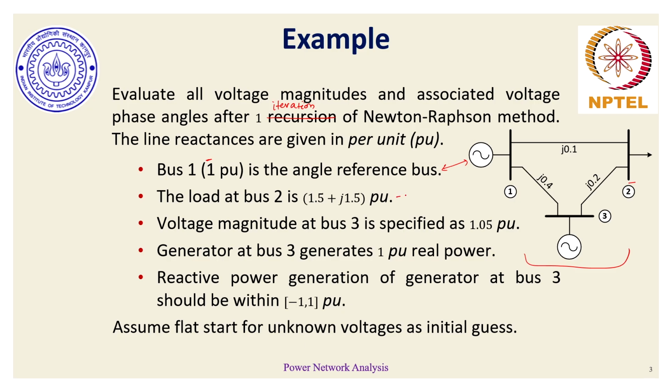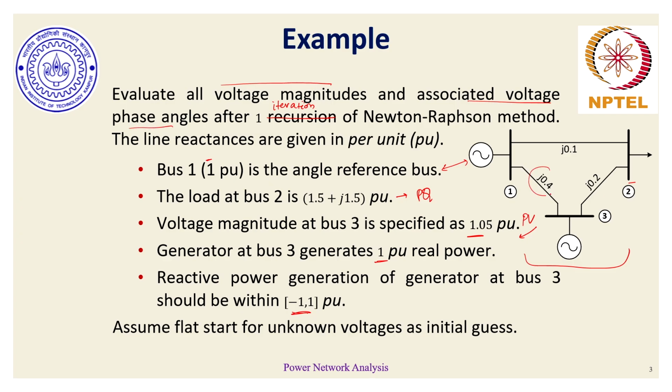Bus 2 is a PQ bus or a load bus, whereas bus 3 is a PV bus with voltage magnitude of 1.05, PG as 1 pu, and reactive generation should be within -1 and 1 pu. We will see how Newton Raphson technique works for one iteration of solving the corresponding voltage phasors in polar coordinates, that means the voltage magnitudes and the corresponding voltage phase angles.